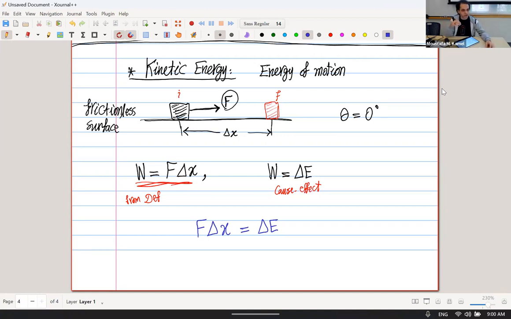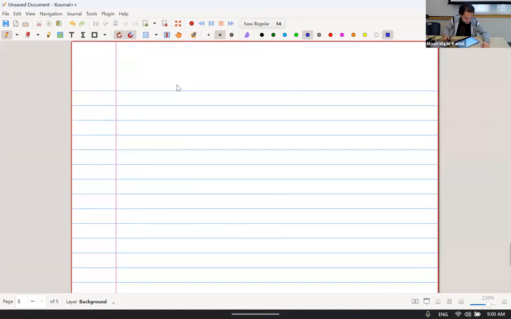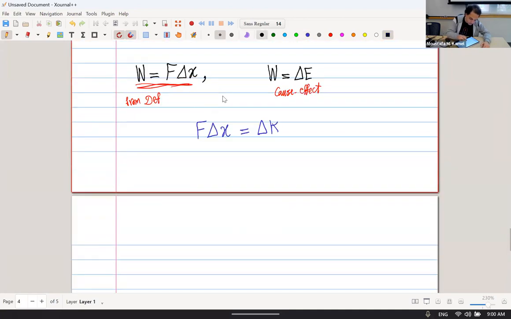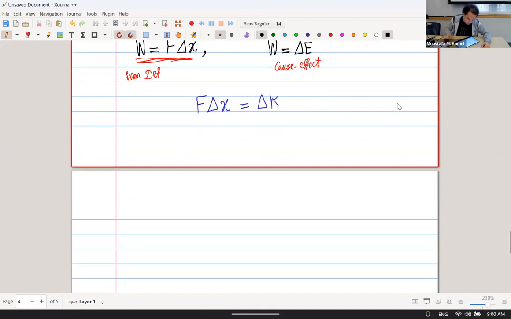I'm only considering a block, so the chemical energy is the same, or all other forces in the block are the same. The only thing that's changing is the kinetic energy. So this change in energy, I can write down as just delta K. So let's call this equation star.